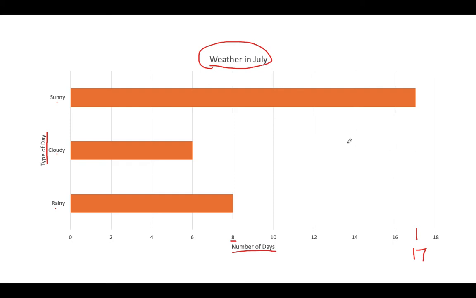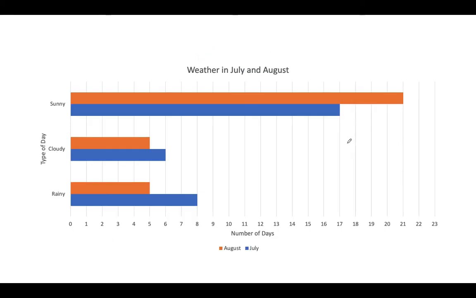Okay? I'm going to show you guys one more example, and this is especially important for grade 5s. This is something called a double bar graph. So sometimes we can present a lot more information. We can represent two different sets of data on the same bar graph. In this case, we're using that same information from July, but we're also including information for the month of August.